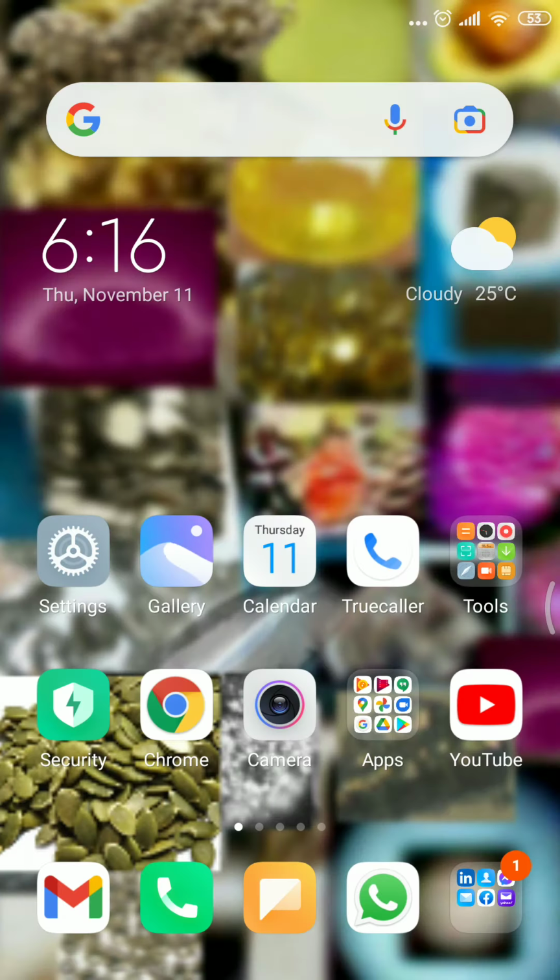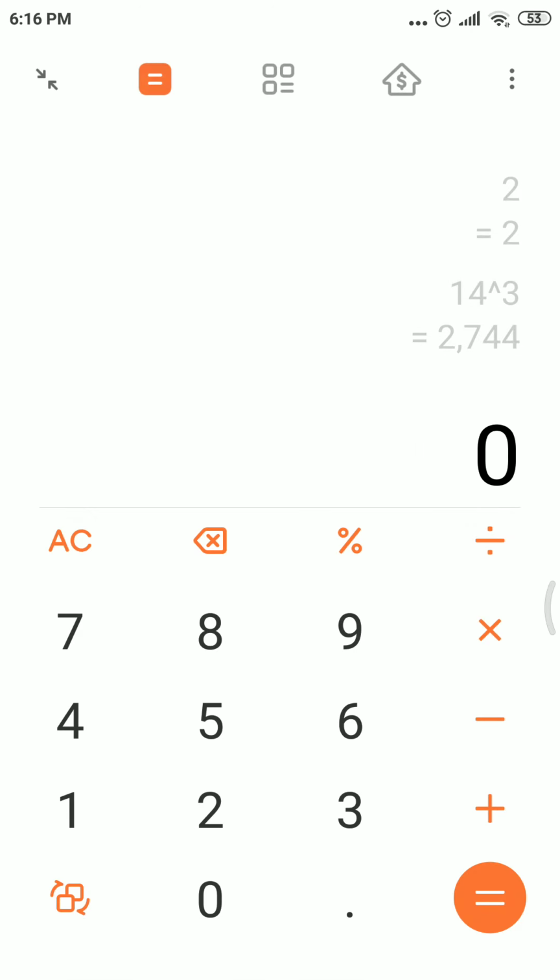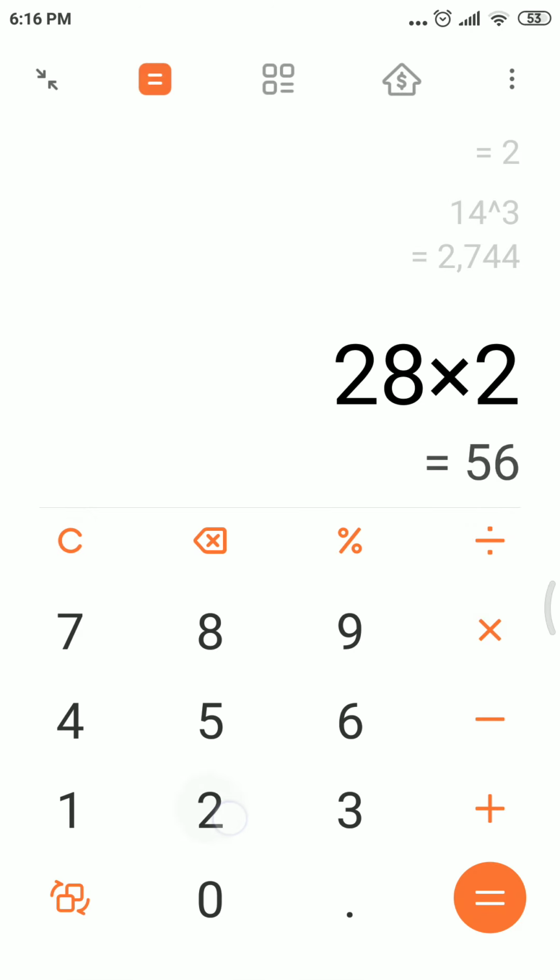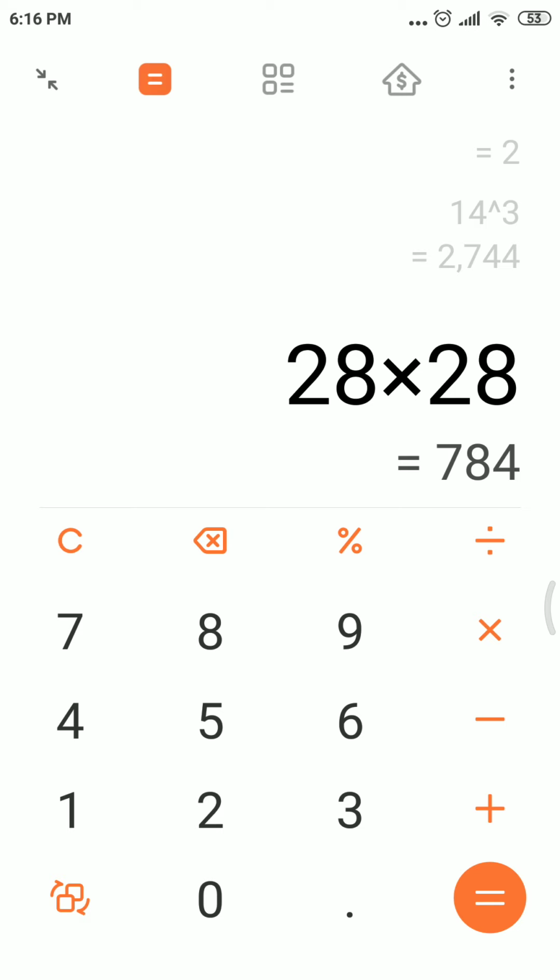786, if you observe, that number is... let me check one second, because I'm getting a little doubtful here. 28 into 28 is 784, yeah, not 786.